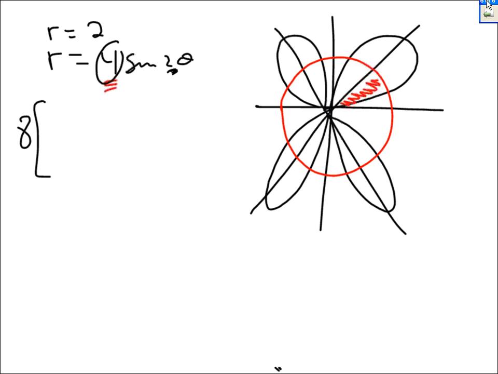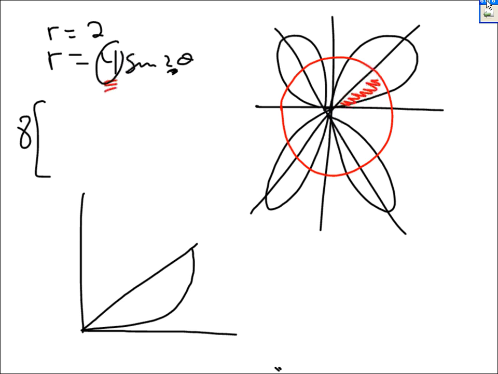Now, what I want to do is draw this a lot bigger. There's the lower half of the petal, and here is 2. R equals 2.